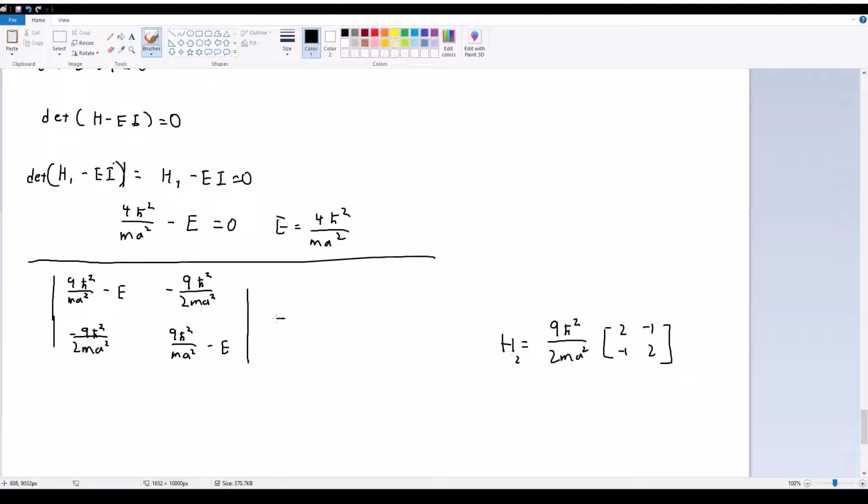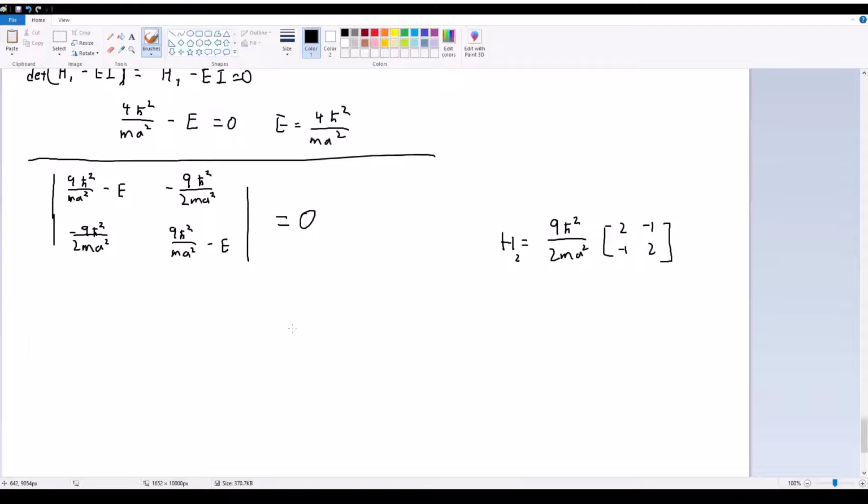This determinant is supposed to equal 0, so I just solve it as a determinant, AD minus BC. So 9 h bar squared over ma squared minus E, squared, minus BC, which is 9 h bar squared over 2ma squared. The negatives cancel, this makes a square, and this is equal to 0.